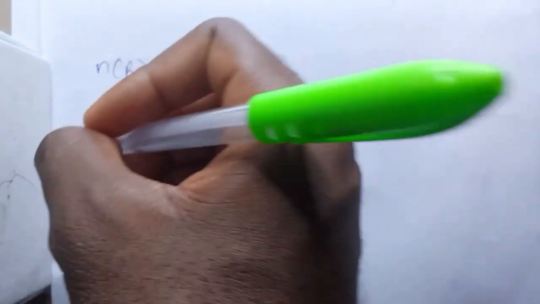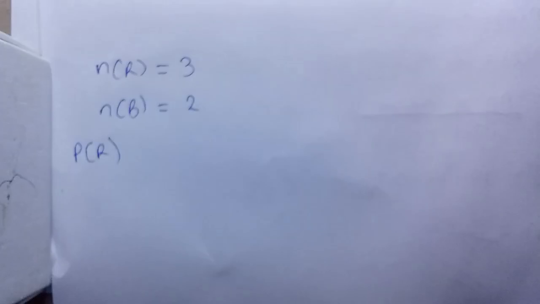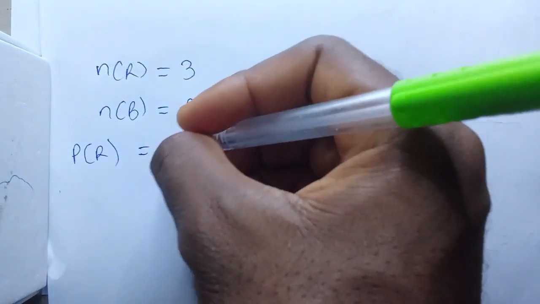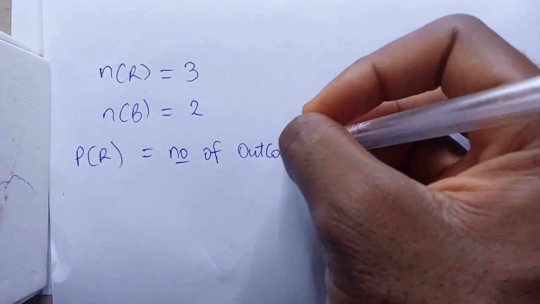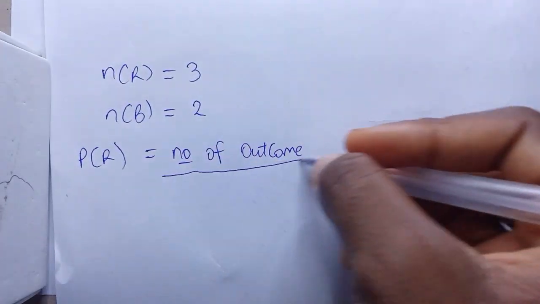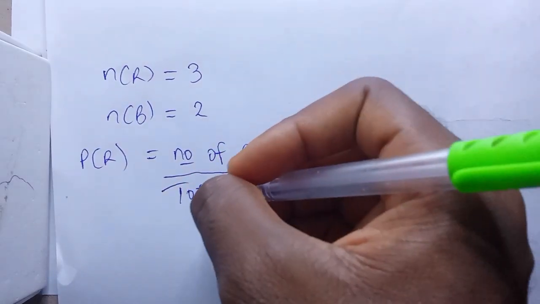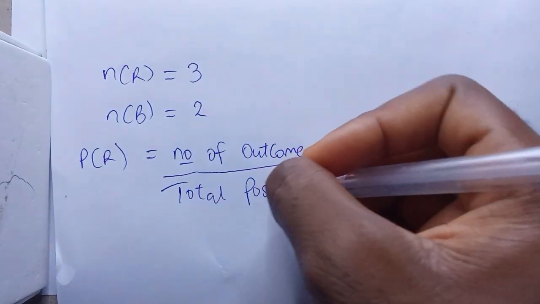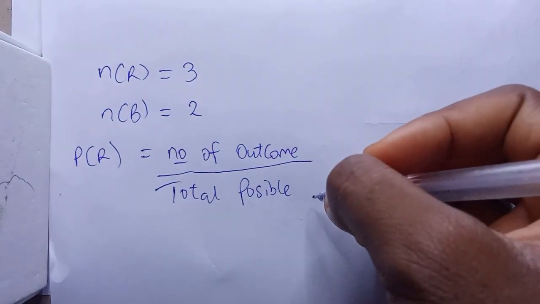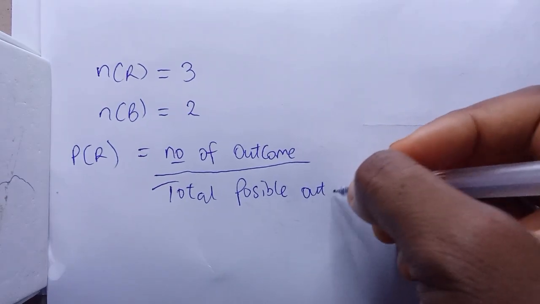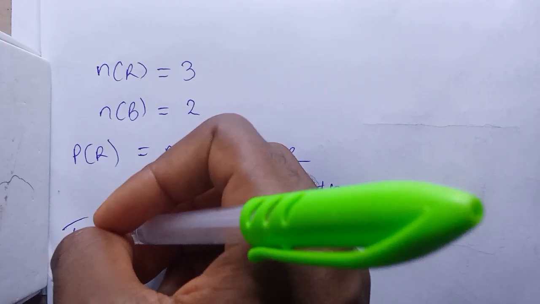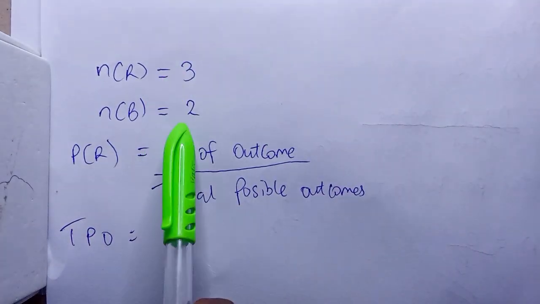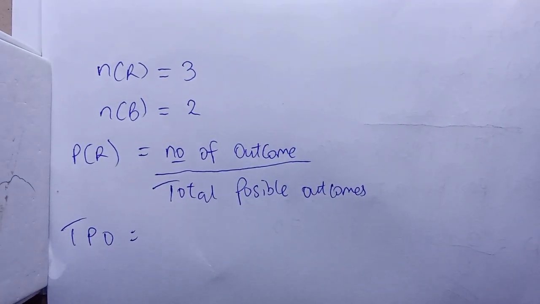What is the probability of finding a red ball? And we know that the formula for probability is what? Probability equals number of outcomes all over total possible outcomes. And here our total possible outcomes equals what? 3 plus 2, because we have those 2 balls, red and blue.